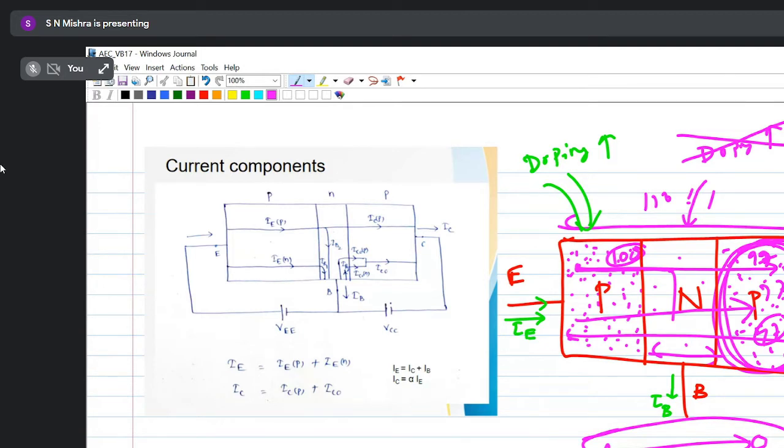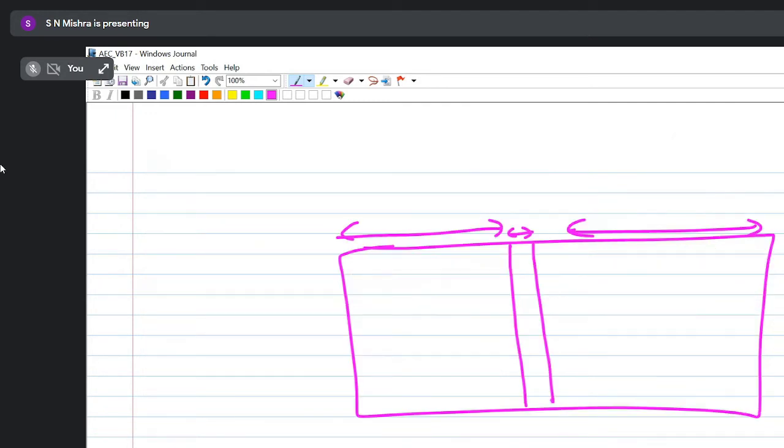Sir, could you explain again, sir? This one? Yes, sir. Collector part, sir. Collector part. See, holes are coming from here to here. So intentionally, the thickness of base is very narrow and doping is less. So this hole, suppose I'm sending 5 holes, it is coming to the collector.